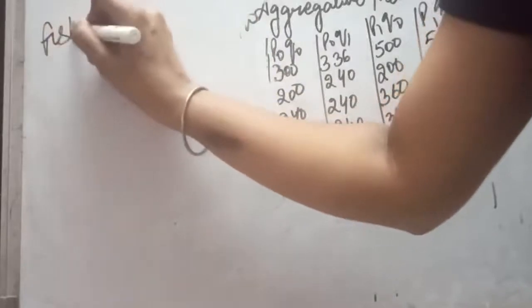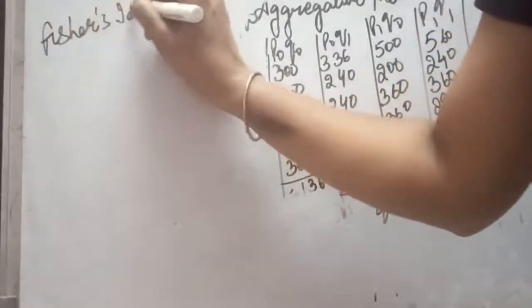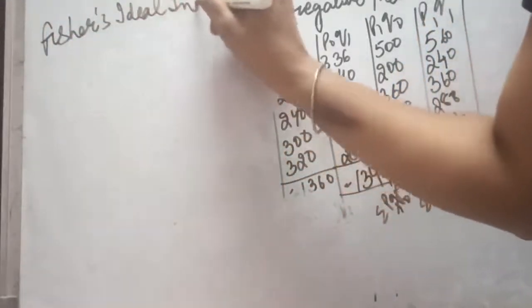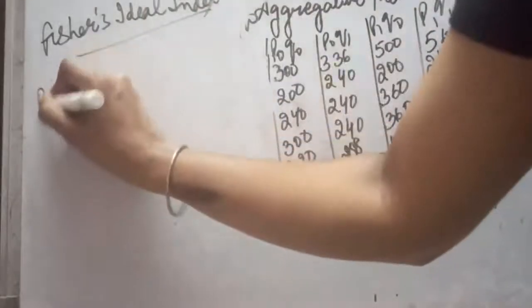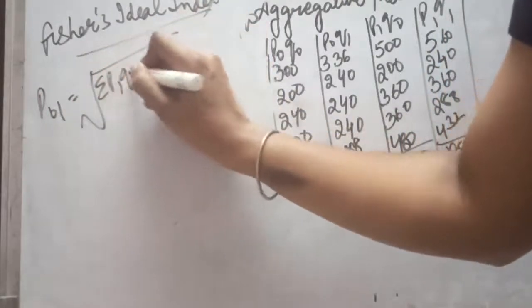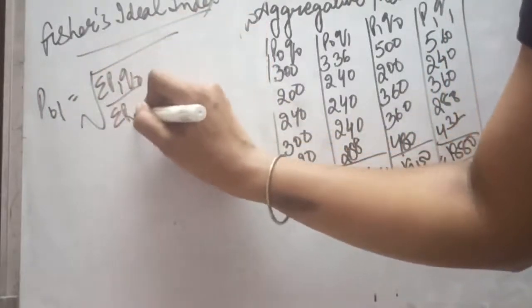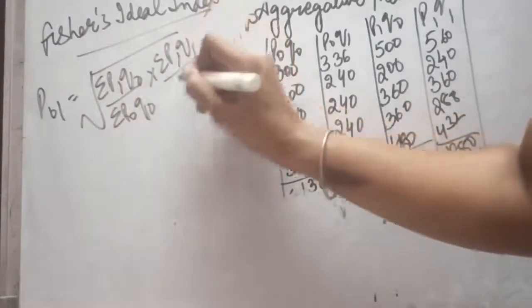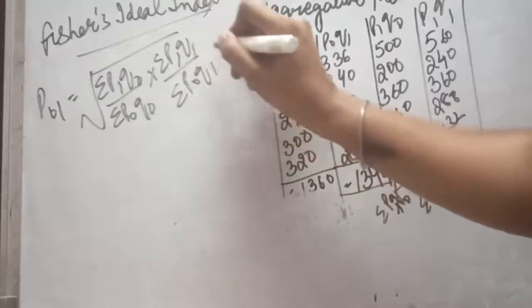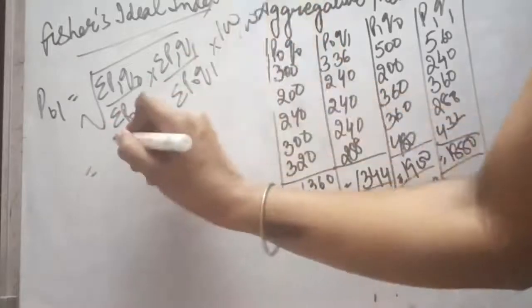The next method is Fisher's ideal index, which is very important. For Fisher's ideal index, we have seen the formula. So this was the formula.